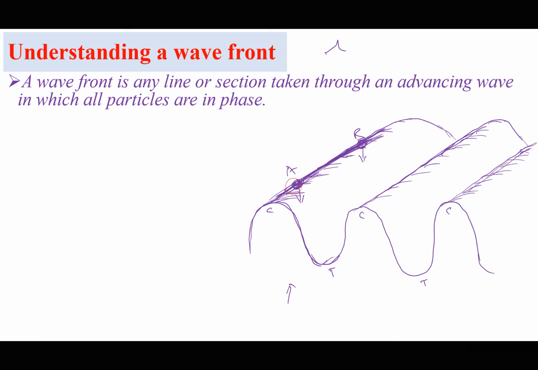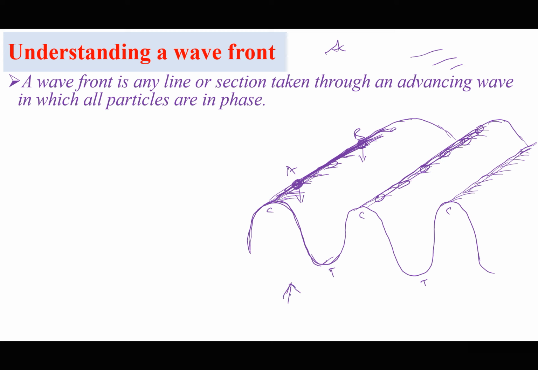So particles here are in phase. If I draw a line through these particles, I form what we call a wavefront. Particles here are also in phase. If I draw a line through these particles, I form what we call a wavefront. An observer viewing the wave from the top will just see horizontal lines instead of the wave that we see from the side view.